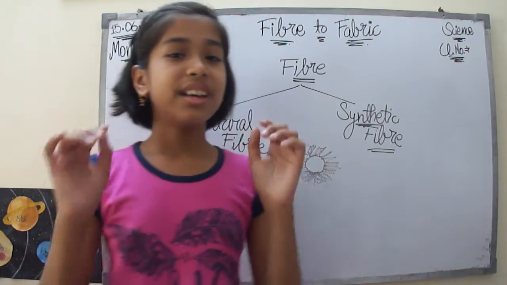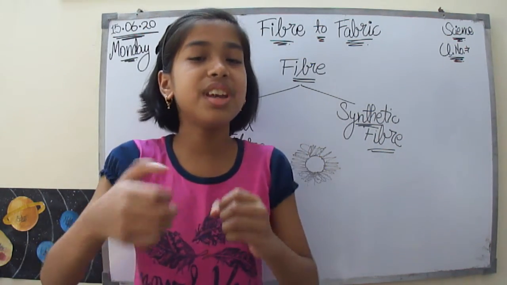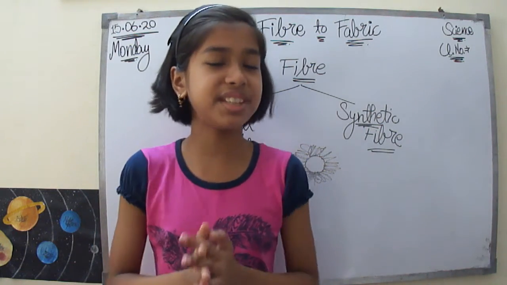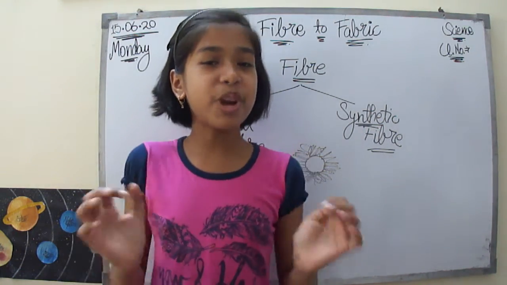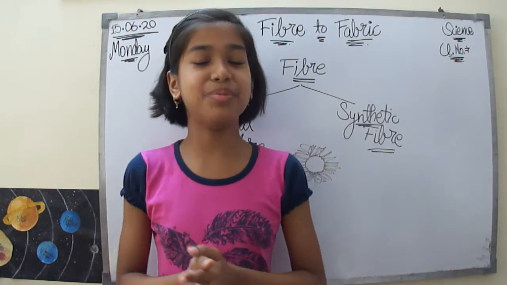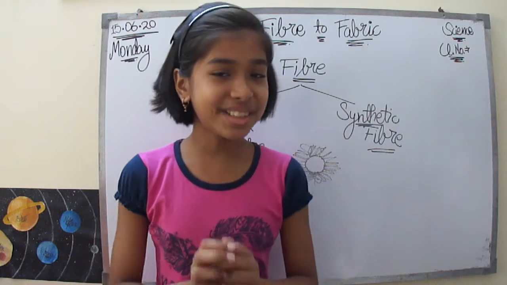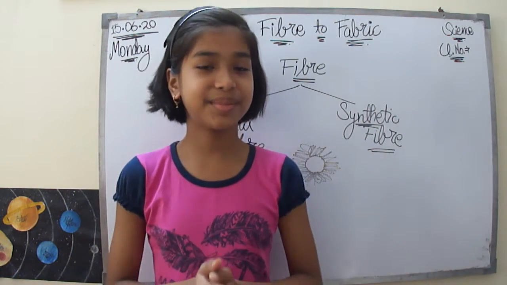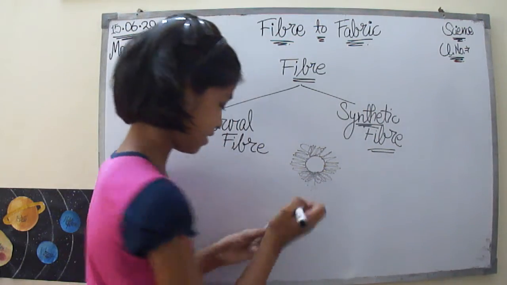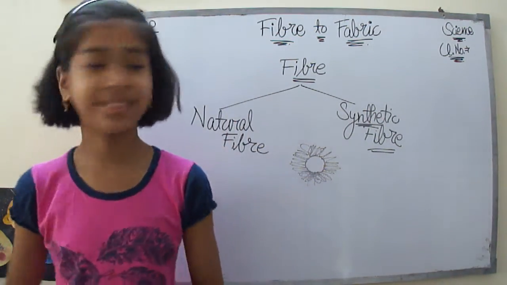So we have to pluck the cotton fibers from the seeds, and that process also has a special name. That is known as ginning. Let me write that down. Ginning.